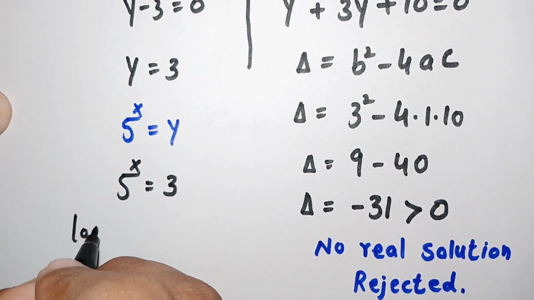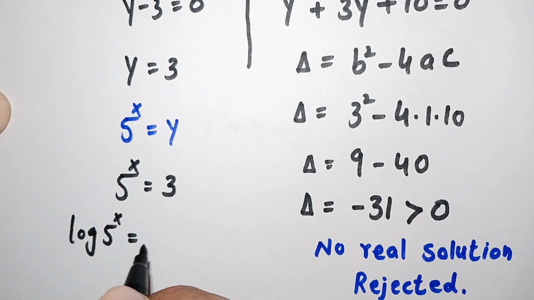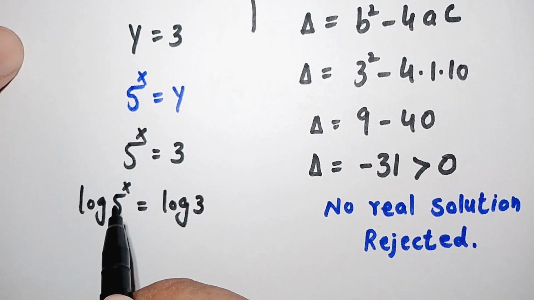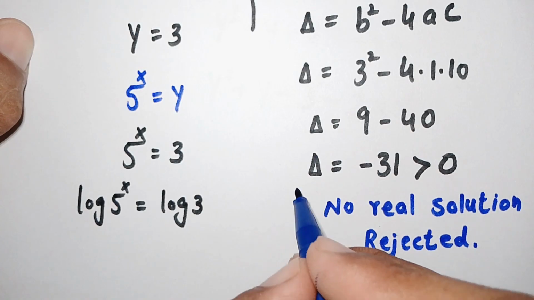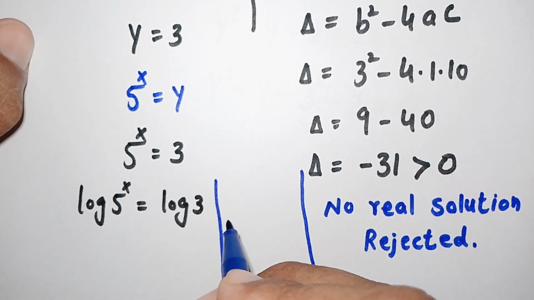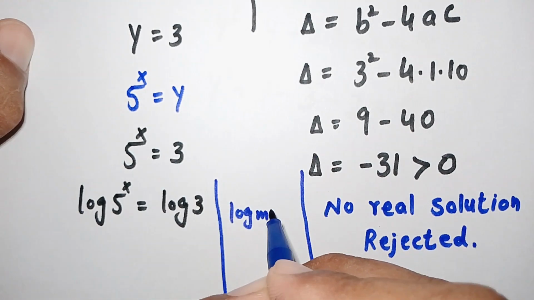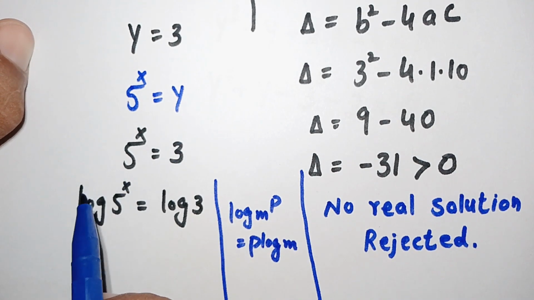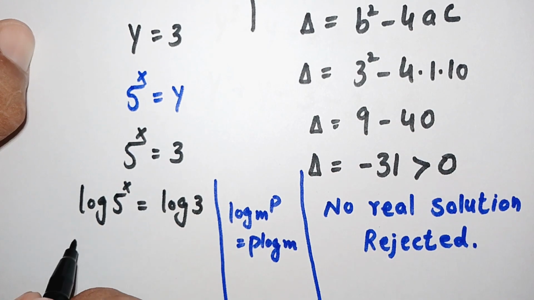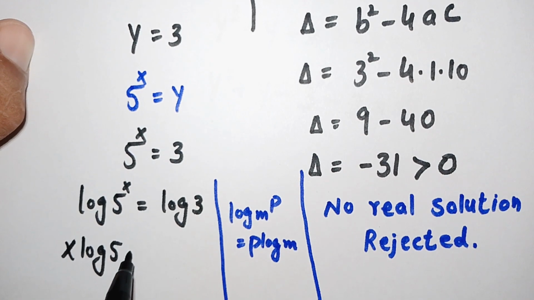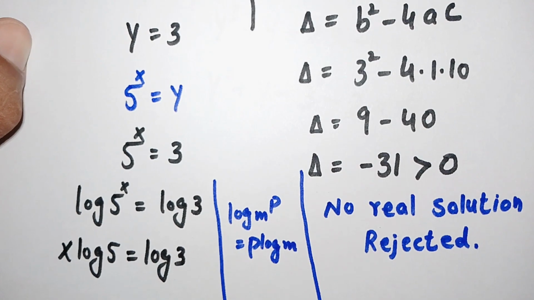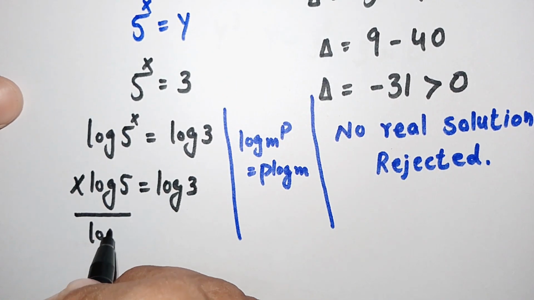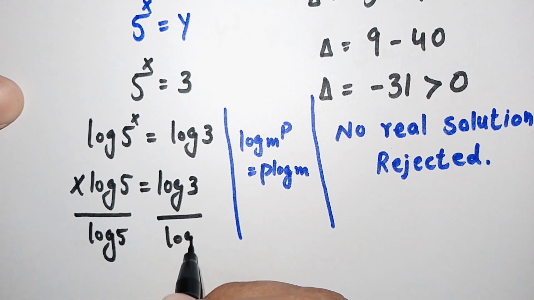Now to apply the logarithm formula, which is log of m to the power p is equal to p log of m, this power will be moved here, so this will become x log of 5, which is equal to log of 3. Now we have to divide both sides by log of 5.